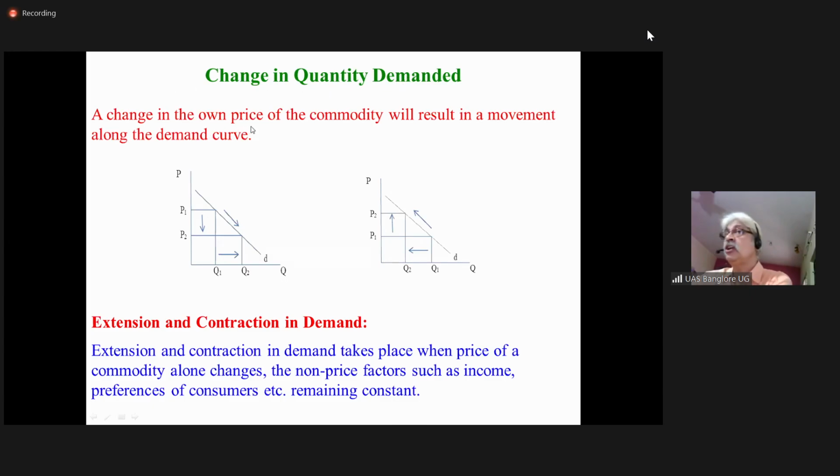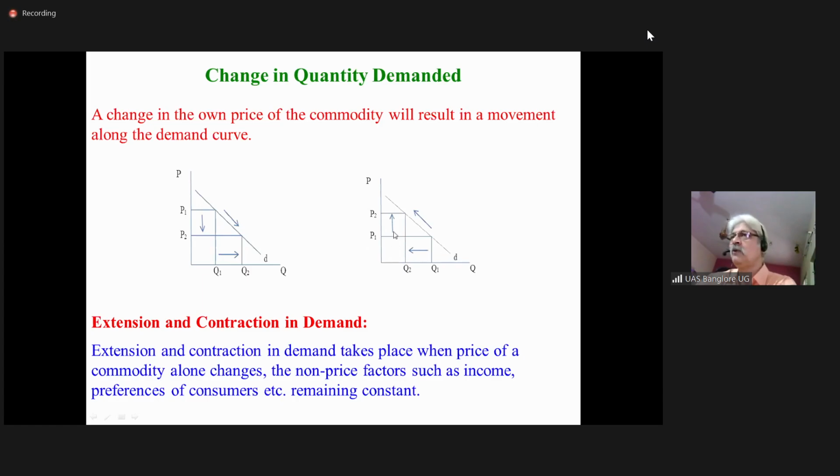A change in the own price of the commodity. Suppose we are talking about sugar. If the price of sugar increases, it is shown here, the quantity demanded of sugar will decrease.